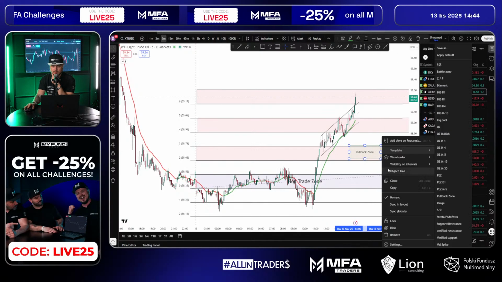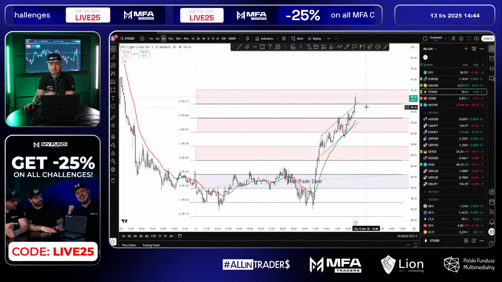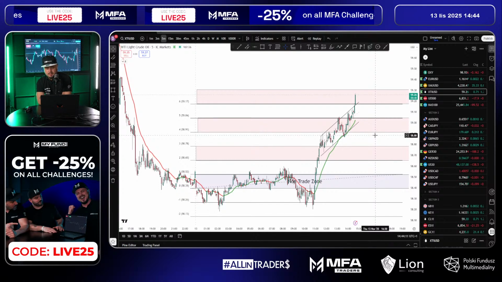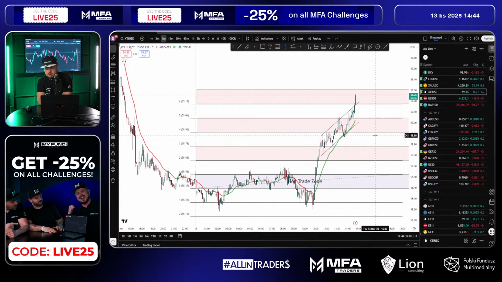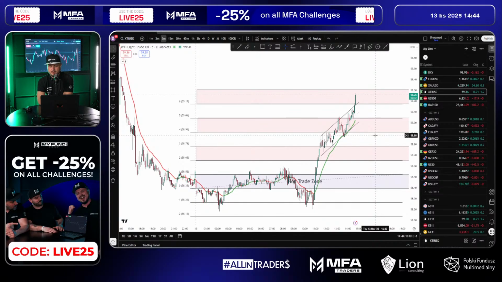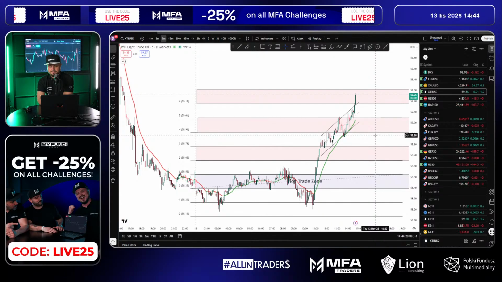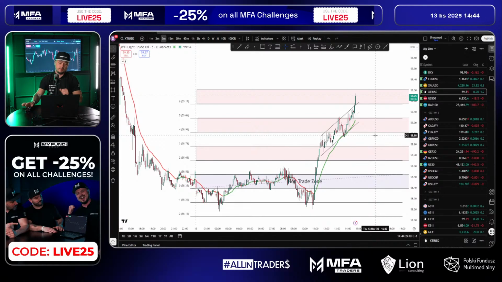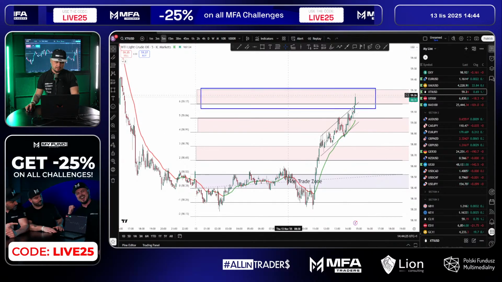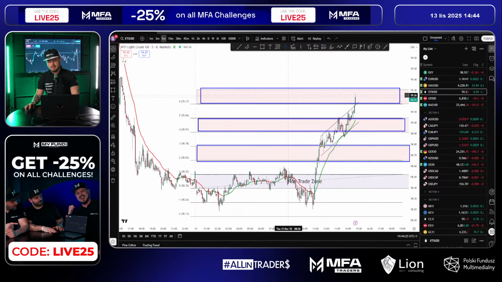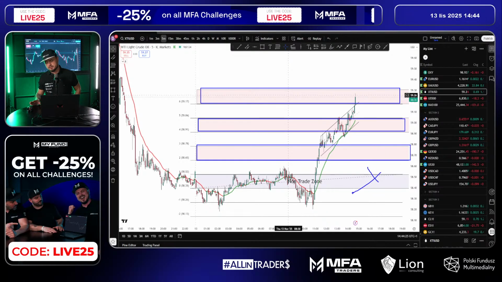Okay, there was no pullback, so I can remove that from the chart. Flag, okay, we can leave that flag for now, but I want a nice reaction in the area where we are now. If we're gonna break through the third zone, I will leave it, okay?